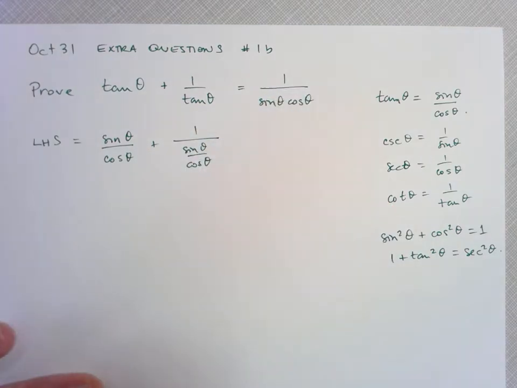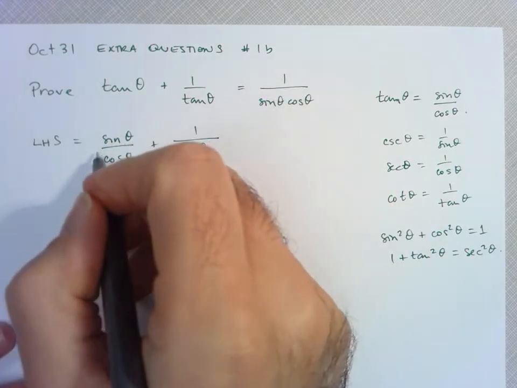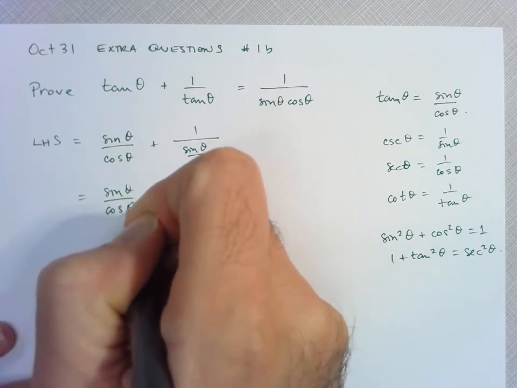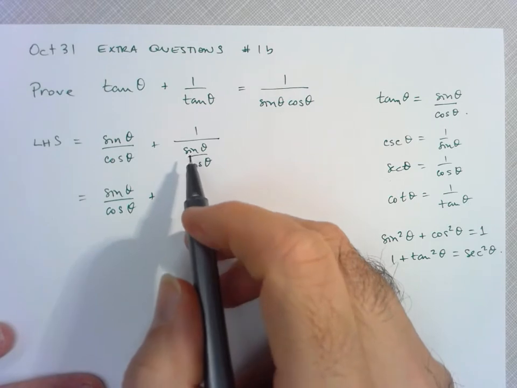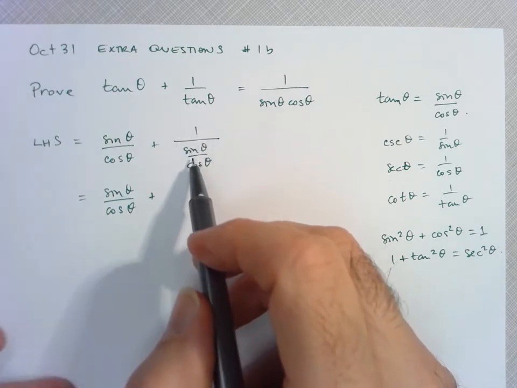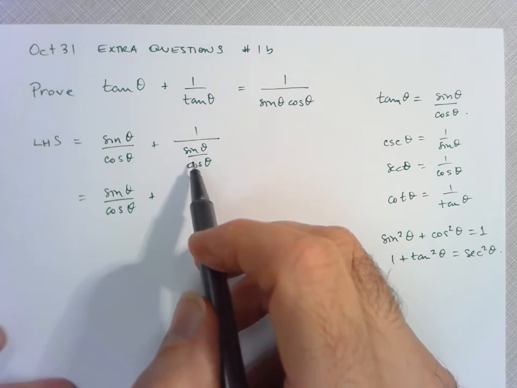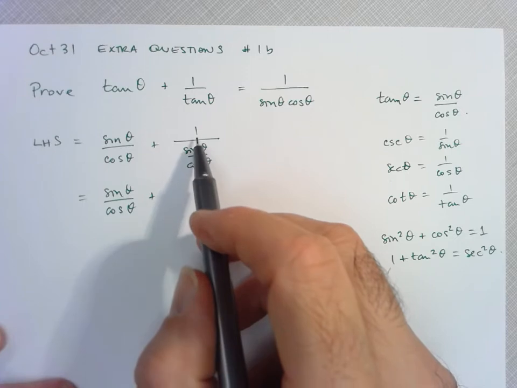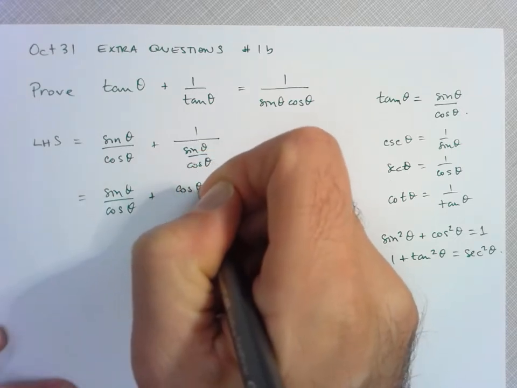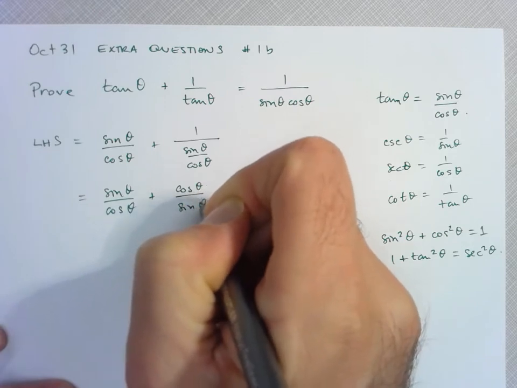Okay, and so here, nothing I can really simplify here. But on this one, I can do some simplification because I have 1 divided by this fraction. So we know that dividing a fraction is the same as multiplying the reciprocal. So this is equivalent to 1 times the reciprocal cos theta over sine theta.